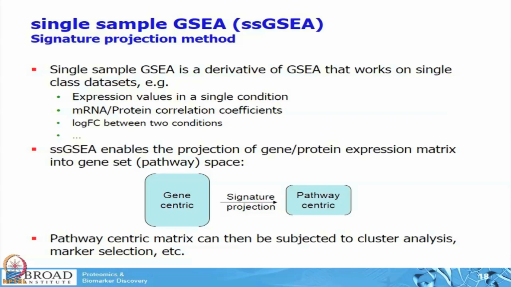You start with your genes or proteins, and then you apply this method, and in the end you have the same kind of matrix, but instead of looking at genes, you're looking at pathways. With this matrix you can again do all kinds of statistical analysis, like supervised or unsupervised marker selection, and so on.